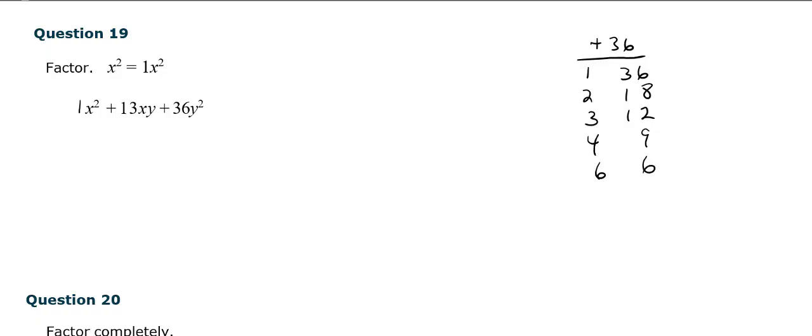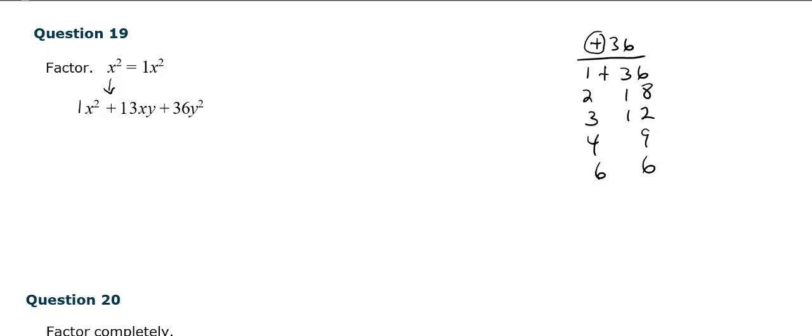Notice I'm using only positive factors. Why? Because I want a positive 36 and my middle term is positive. So to get a positive, the signs have to be the same. And so in this case, since the middle term is positive, they both have to be positive.